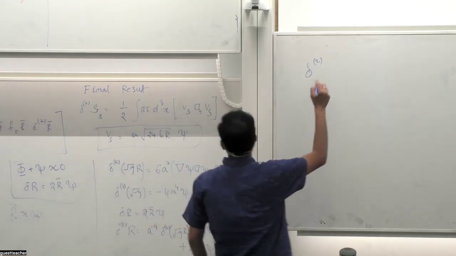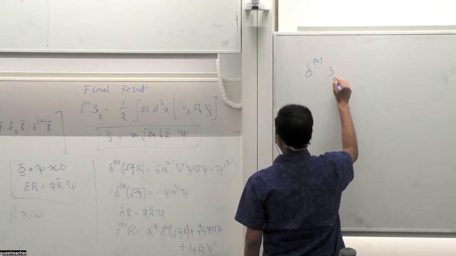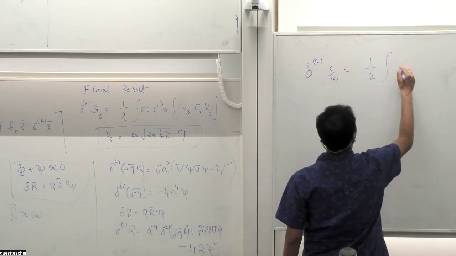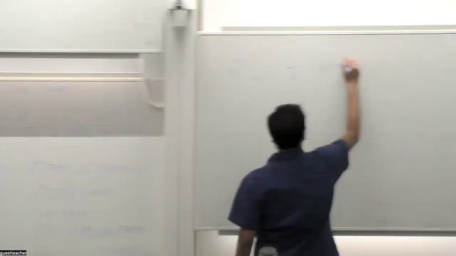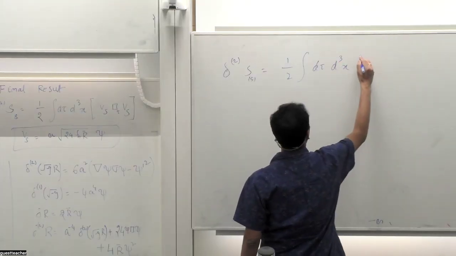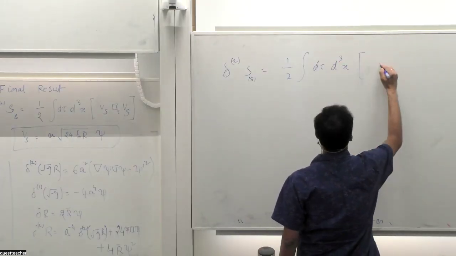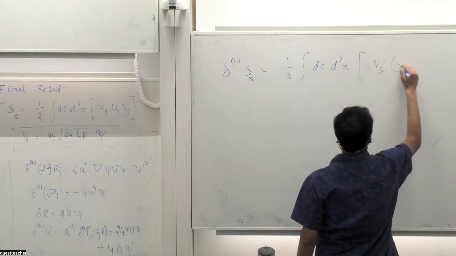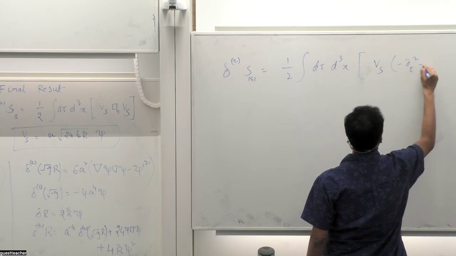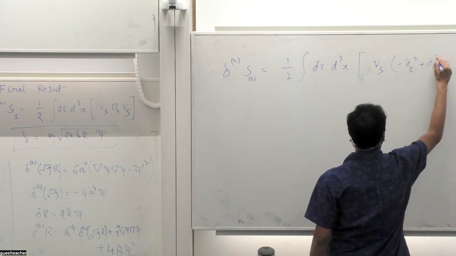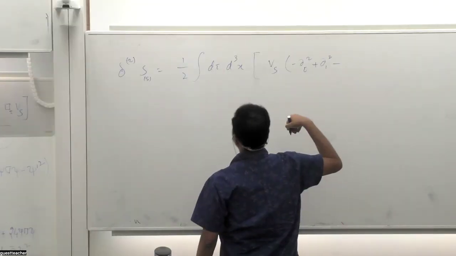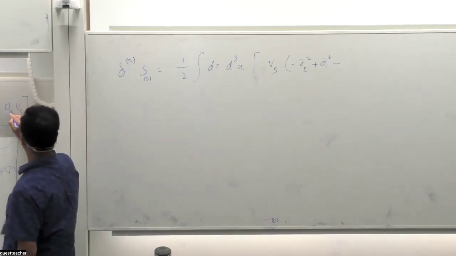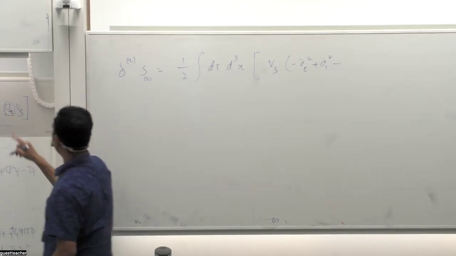So this action, minus d tau squared plus del i squared, because as I already said, this is a spatial box operator. So let me define it, okay?